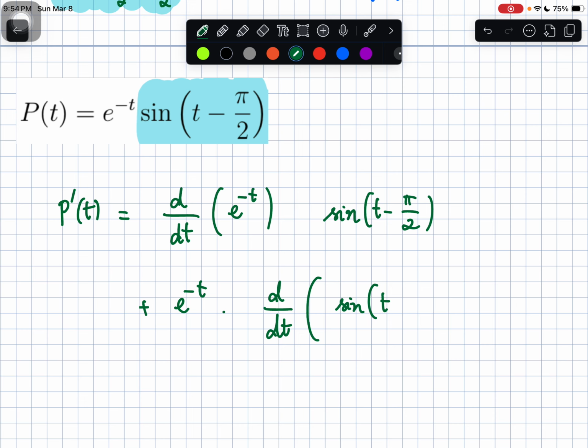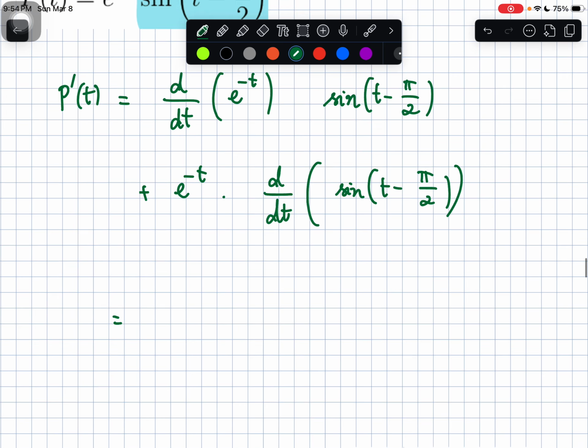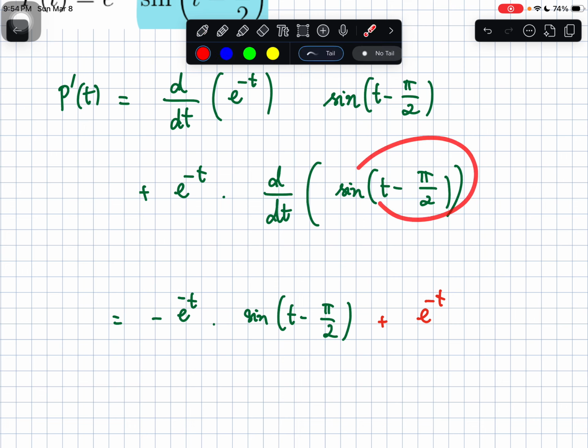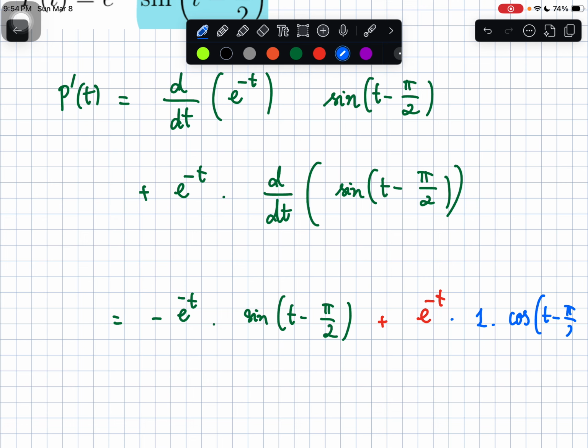The first term gives minus e to the minus t sine of t minus pi over 2. And plus e to the minus t, you do the chain rule: sine u prime gives cosine u prime, which is 1, cosine of t minus pi over 2. So this is p prime at t.